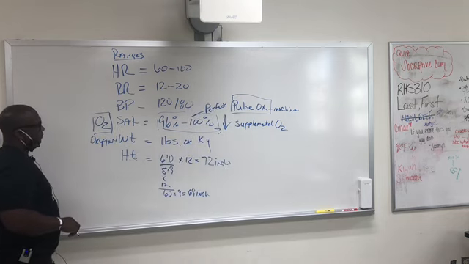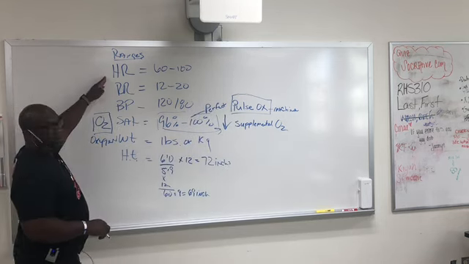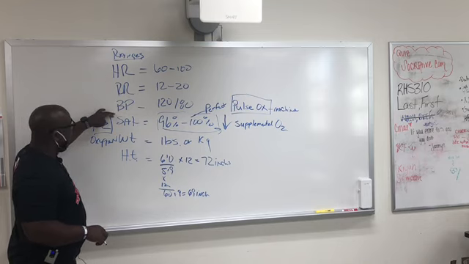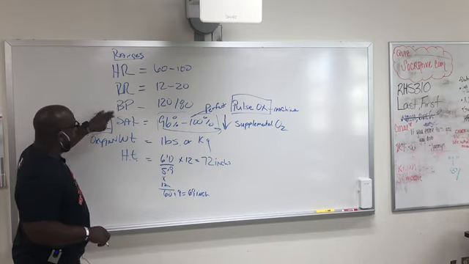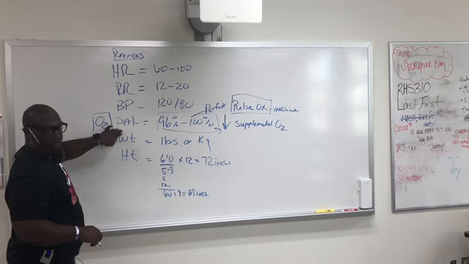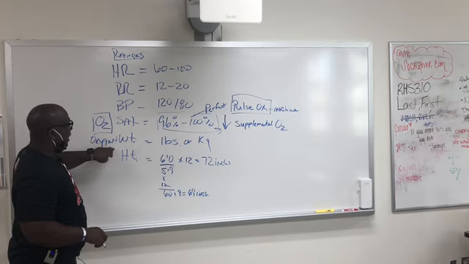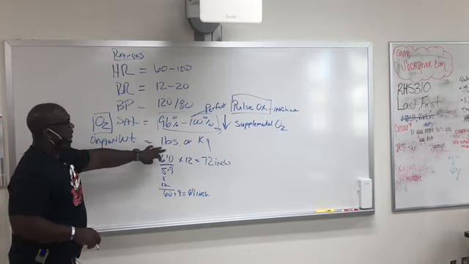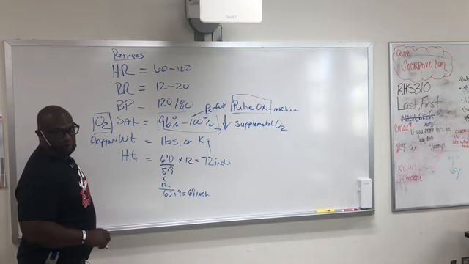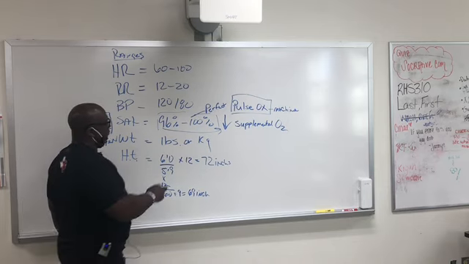So we've gone over heart rate, respiratory rate, blood pressure. We're going to get back to blood pressure because it's kind of long. But saturation, weight, height. Now, weight.